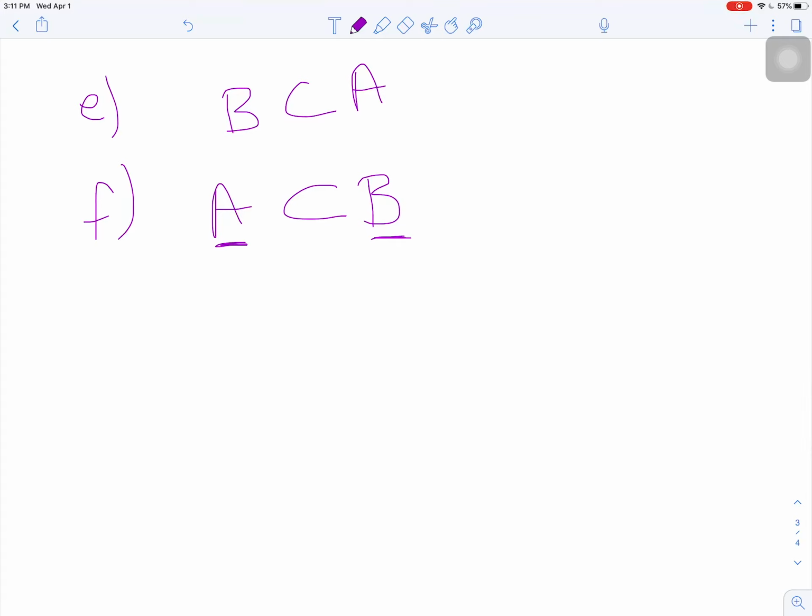Let's move on to G. G says use a Venn diagram to illustrate the relationship between the sets. Find the intersection of A and B. Remember, when we have this symbol, we have intersection. So where do they intersect? Where do they meet? All right, so for G, let's mark that down.